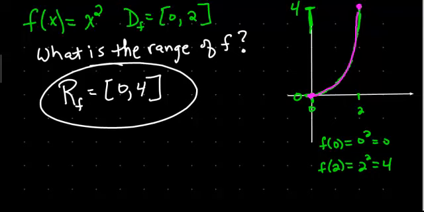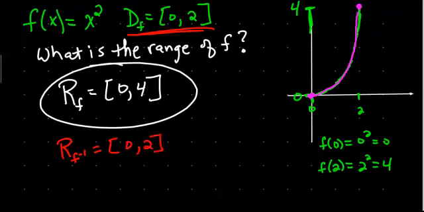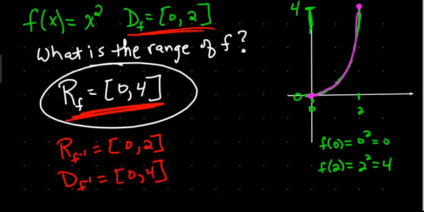So I immediately know, without doing any work, that the range of f inverse equals the domain of f, 0 to 2, and the domain of f inverse equals the range of f, which is 0 to 4. That is, the inverse function takes the outputs and sends them back to their original inputs. Okay? And that's going to conclude this video on inverse functions.